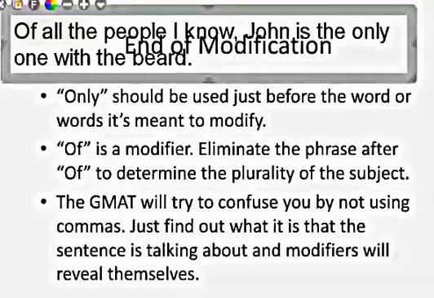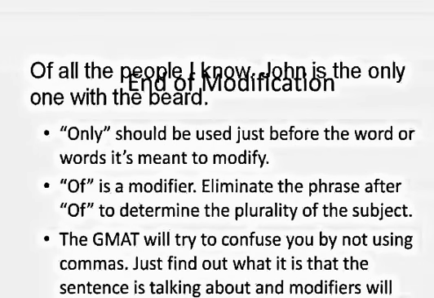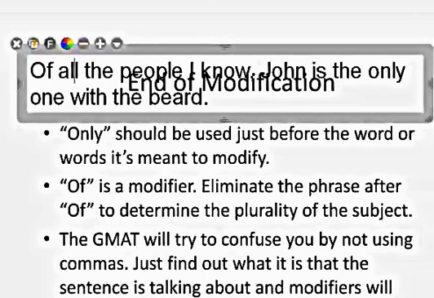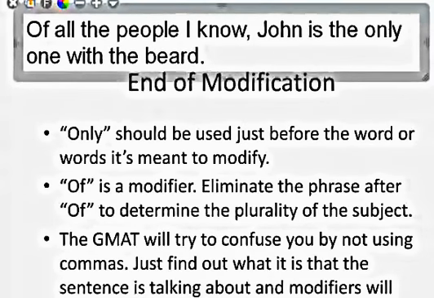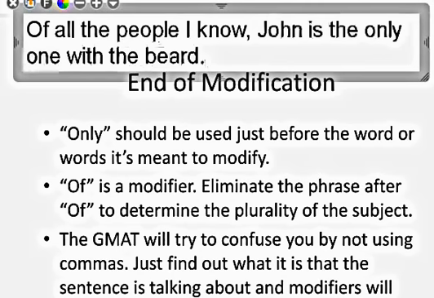In this sentence we have used of, but if I just say John is the only one with the beard, does that make sense? Maybe it doesn't, maybe it does.